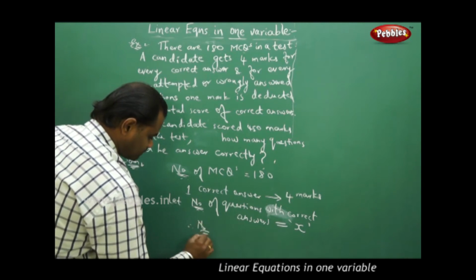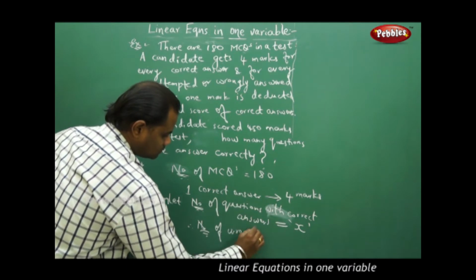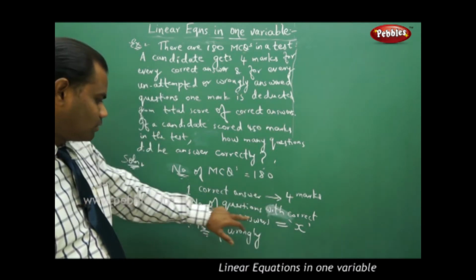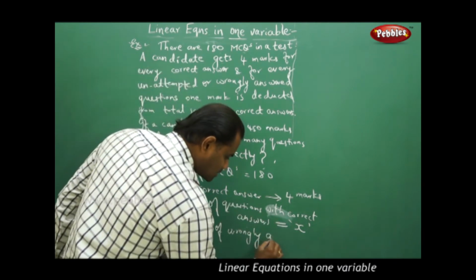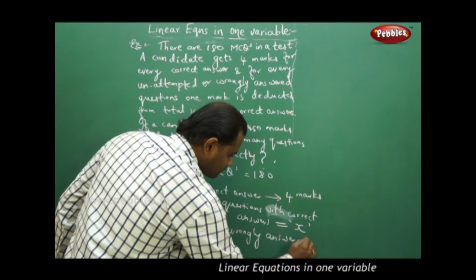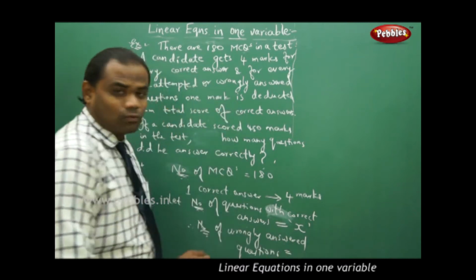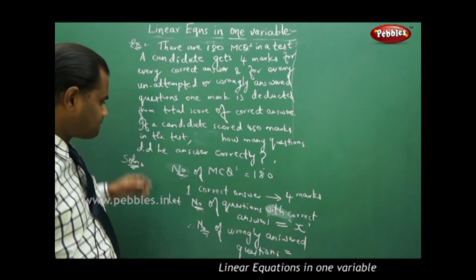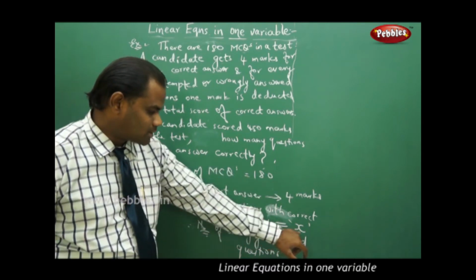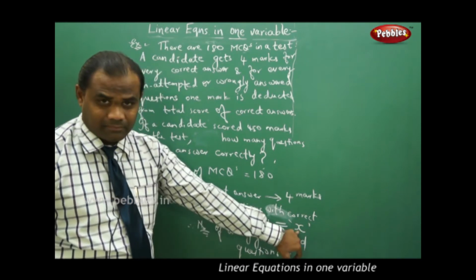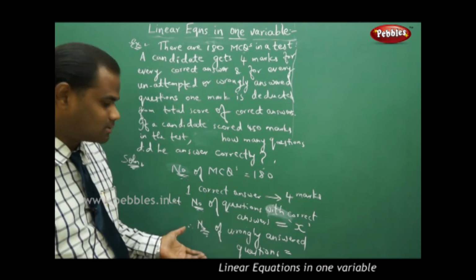Now, therefore, if I've taken the number of correctly answered questions as X, then the number of wrongly answered questions would be 180 minus X, because the total number of MCQs is 180, and if the number of correctly answered questions is X, then out of 180, if I remove that X, the remaining would be the wrong answers or unattempted.